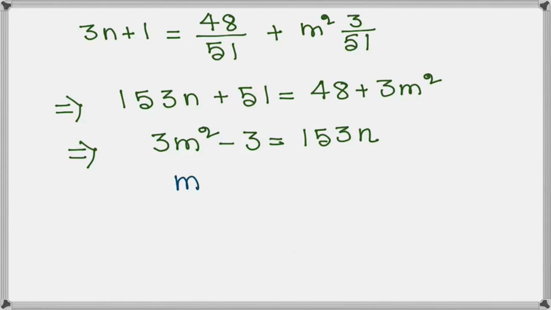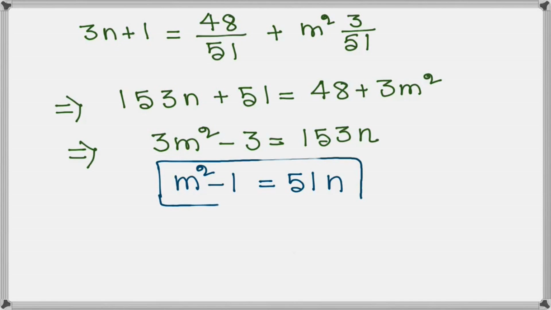So m square minus 1 is equal to 51n. Now we know that m is the smallest positive integer which satisfies this equation. Taking m is equal to 1, we can see that we get n is equal to 0, and for m is equal to 1 and n is equal to 0, this equation holds true.